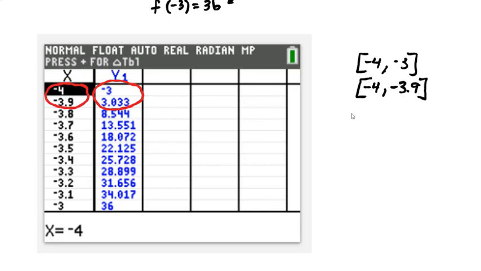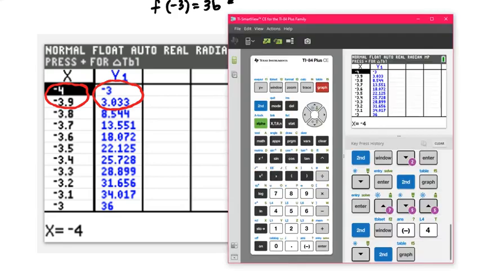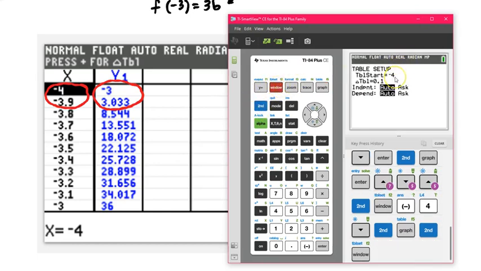So I want to narrow it down even more, and so what I'm going to do is change my table set once again. So if I adjust my table set, I still want the table to start at -4, but now I want my change in values to be even smaller.